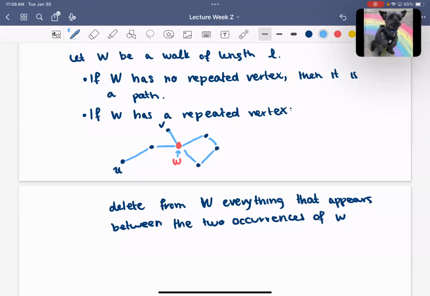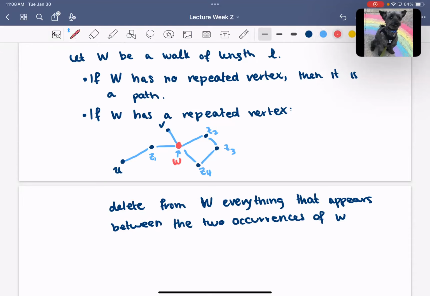Okay, so in our example, how would this look? I'm going to call this, let's say, Z1, Z2, Z3, Z4. Okay, this is a simple graph, so I'm going to omit the edges when I write down this walk.